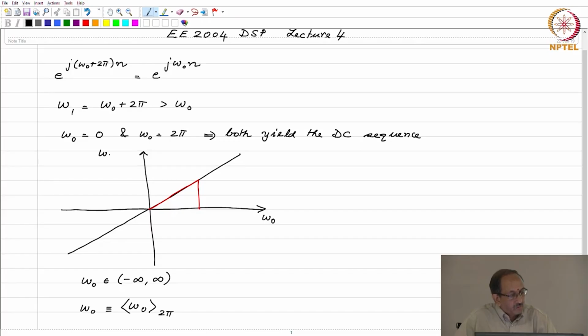This is the behavior of the modulus function with respect to 2 pi.